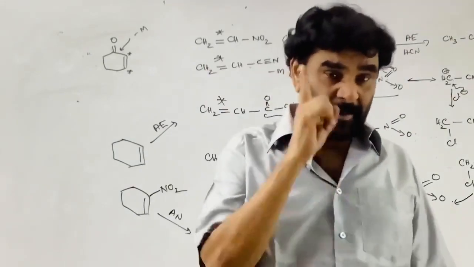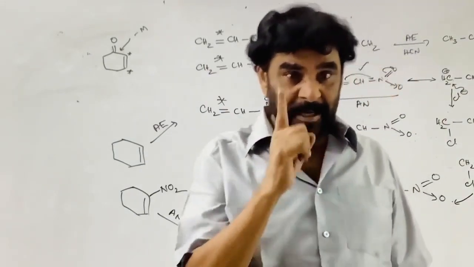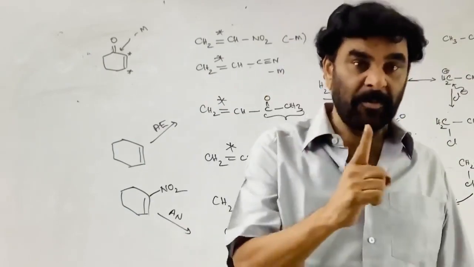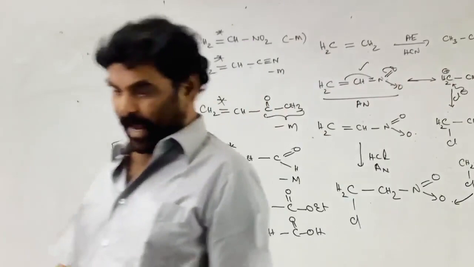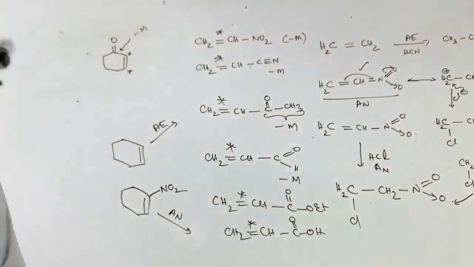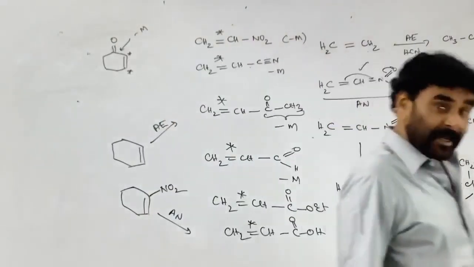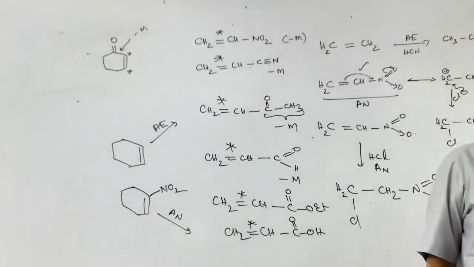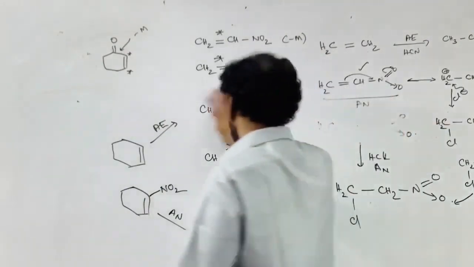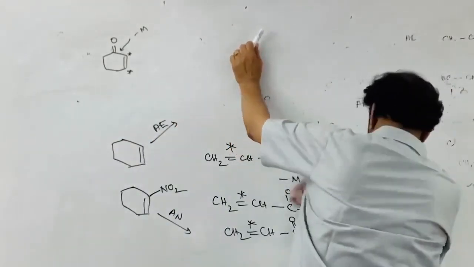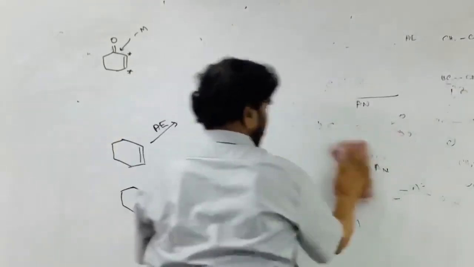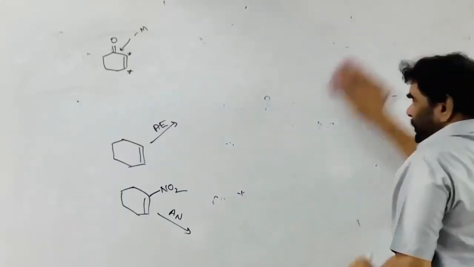But if the carbon-carbon double bond contains at least one -M group, it takes part in nucleophilic addition, not electrophilic addition. Such ethylenic centers are called activated ethylenic centers. So activated ethylenic compounds take part in nucleophilic addition reactions, not electrophilic addition reactions.